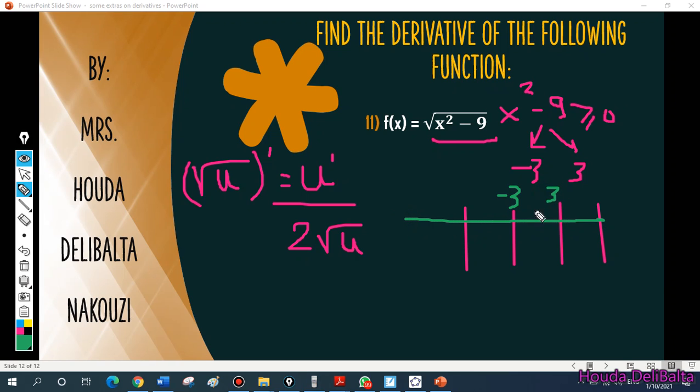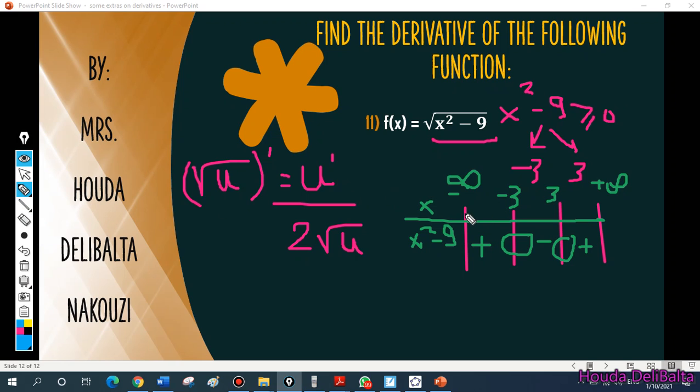Here is for -infinity, here is for +infinity, here is for x, and here is for x squared minus 9. Then here are the roots for x squared minus 9, and as you know, same as x squared, opposite between the roots, and same as x squared again. So plus, minus, plus. Thus, we need the positive part, we need the positive region.